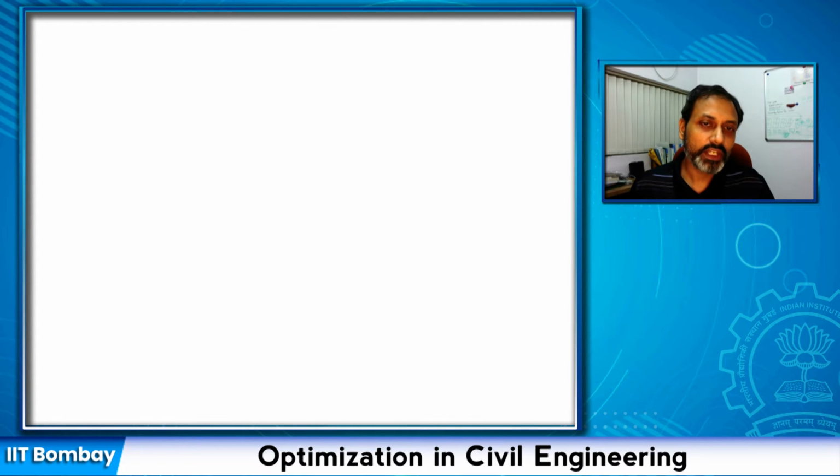Then we came to a point where we said certain constraints might not be active. So if we consider the active constraints only, we could easily show the number of equations to solve the problem can be again reduced to n plus m, where n stands for the number of variables and m stands for the number of constraints.